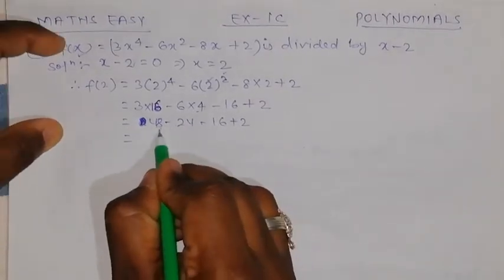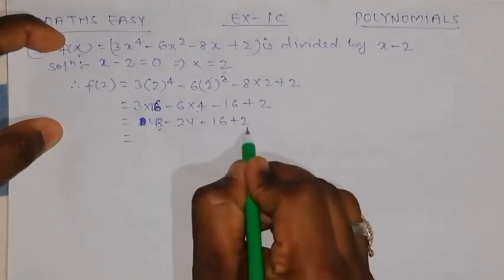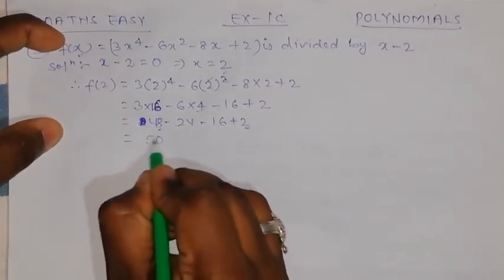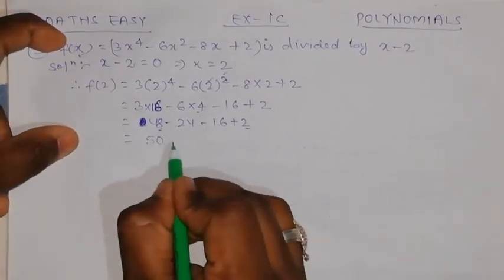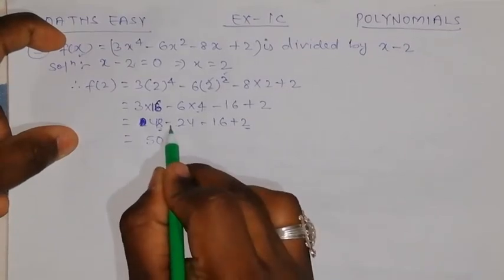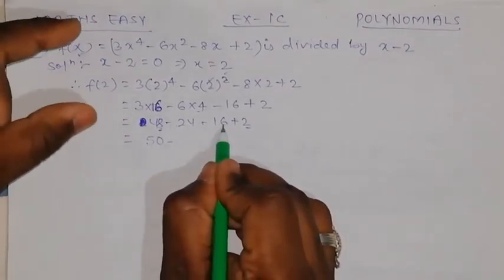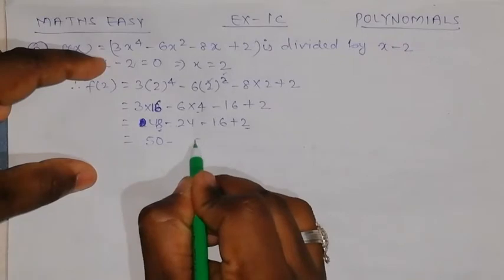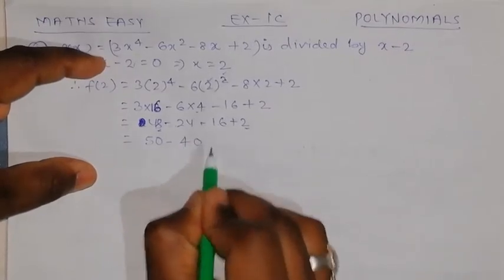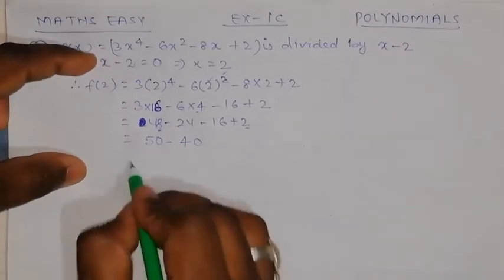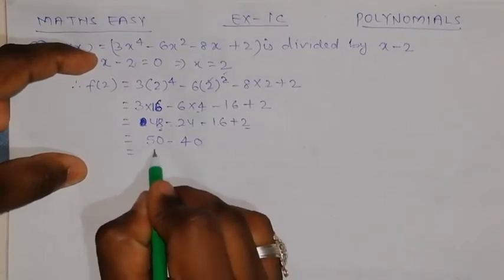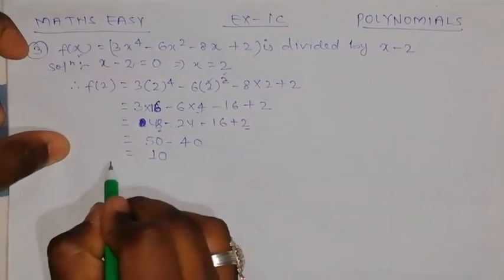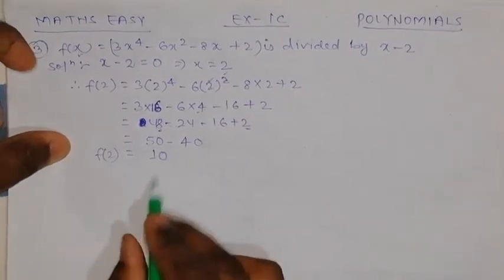Now 48 plus 2, that is 50, and minus 24 and minus 16 is minus 40, and 50 minus 40 is 10, and this is f(2) is 10.